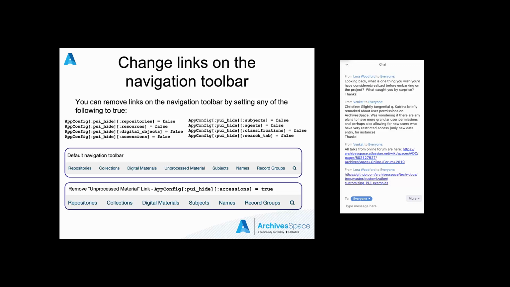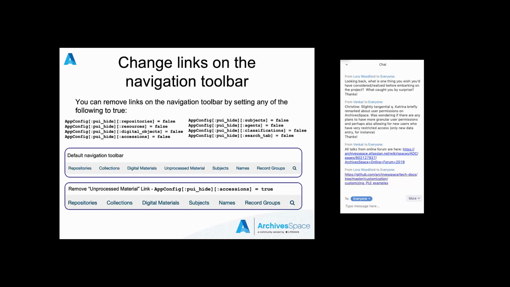You'll note that it starts with app config, and all of the parameters I'm going to talk about start with app config inside the file. For the navigation toolbar links, there's one for the repositories, resources, digital objects, accession, subjects, agents, classifications, and then the search tab, which is the magnifying glass on the far right side of the default toolbar.